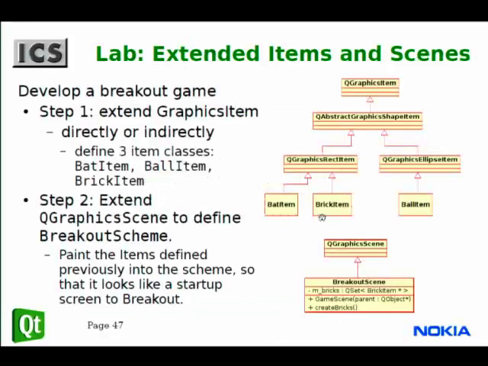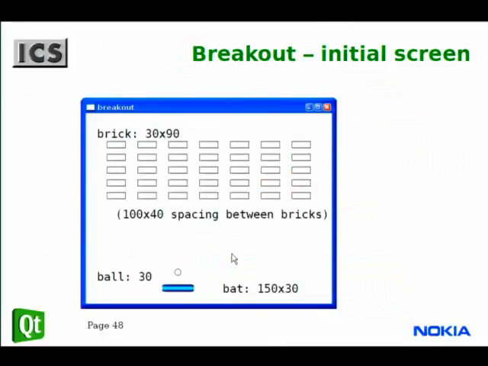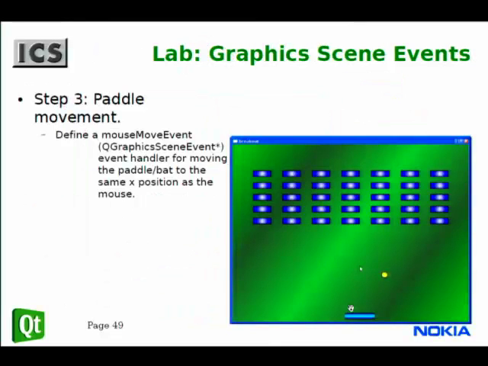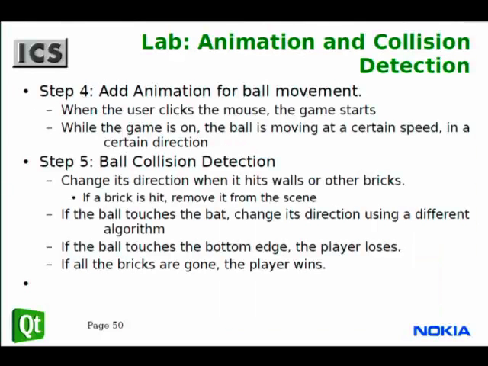And in the full version of this course, we even add paddle movement and animation to the ball, as well as collision detection, which is pretty much everything. And you can see the solutions to these labs as well, if you don't know enough about animation yet.